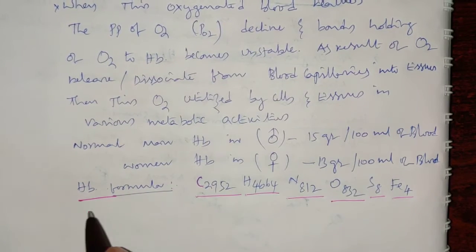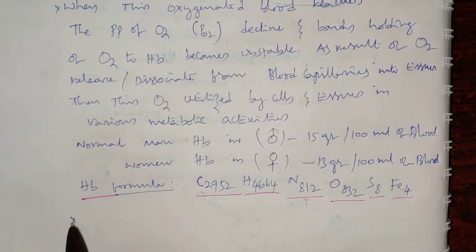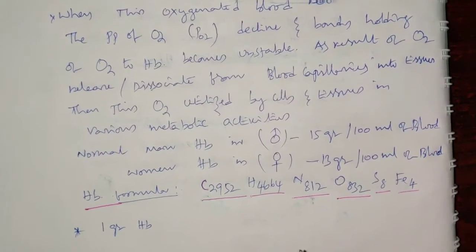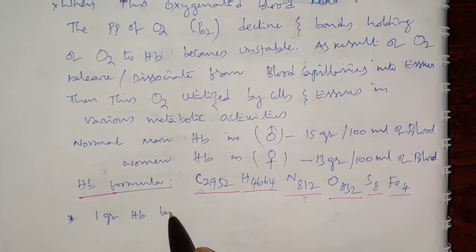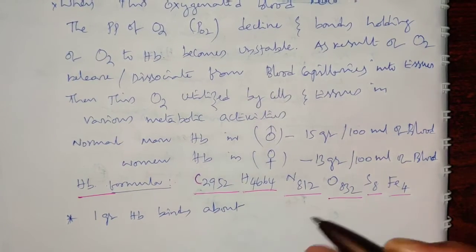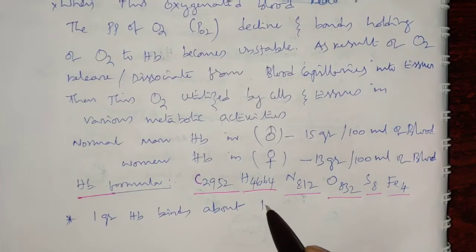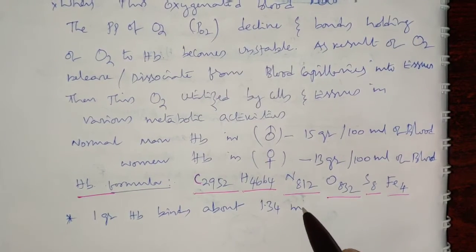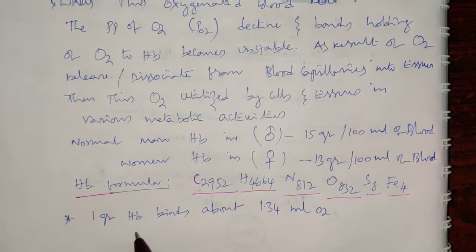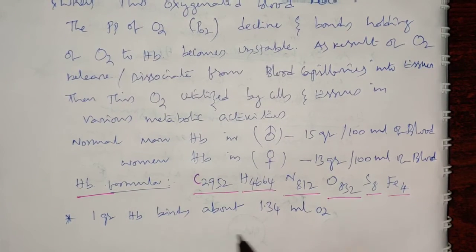1 gram of hemoglobin binds about 1.34 ml of oxygen.